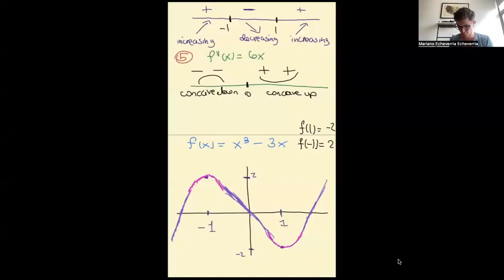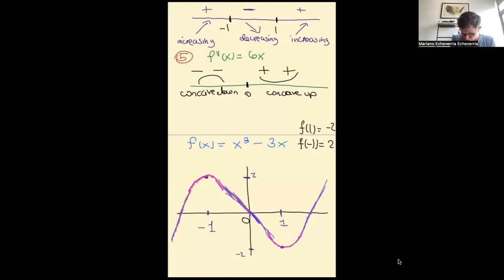So notice, I don't know if you observed this, but let me wait for the iPad to show again. If you notice, before 0, let's put 0 here because it's an important value as well, the function was concave down, so it looks like a sad face.